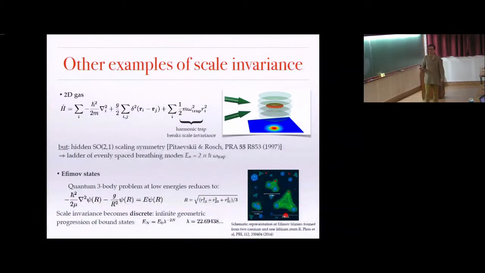But now the coordinate here is the hyperspherical radius, so it's some sort of symmetrized version of the separations between all the particles. And so you get back to this 1 upon r squared potential again, and it has this scaling symmetry. And it was predicted in like 1970 by Efimov in the context of nuclear physics, but it was realized in cold atoms over the last 10 years or so.